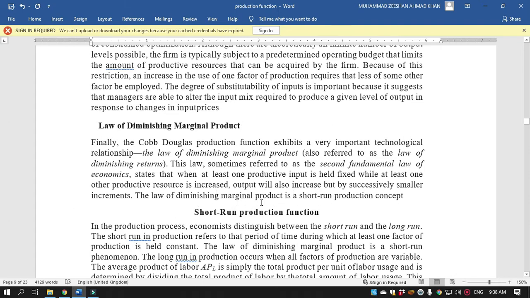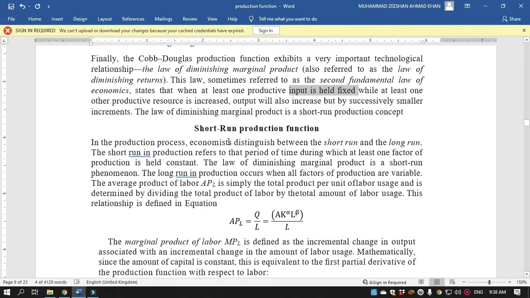The law of diminishing marginal production is a short-run production concept. Why is it a short-run concept? Because one input is held fixed. Whenever at least one input remains fixed, that time duration is called the short-run.